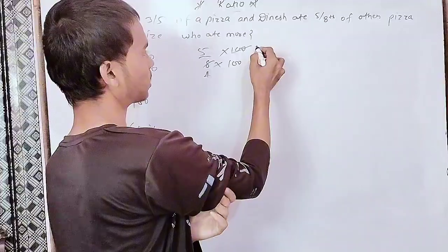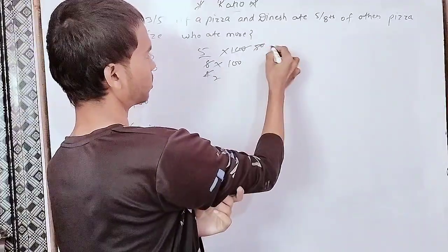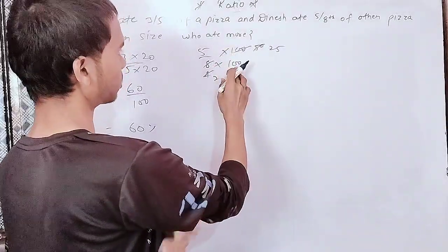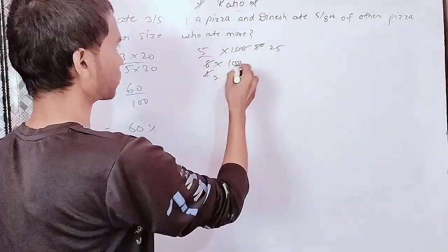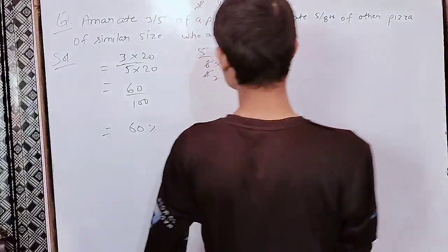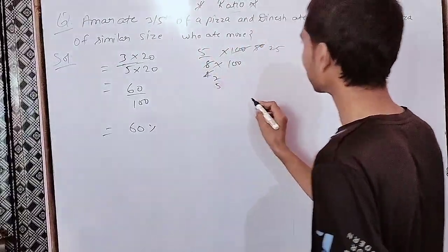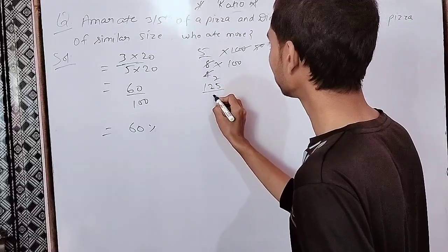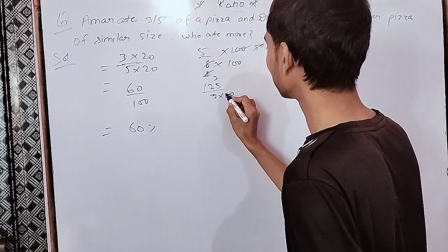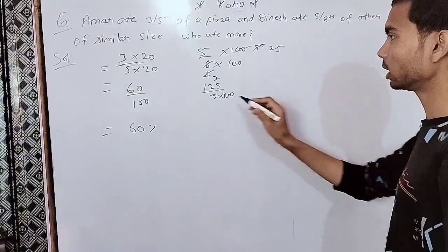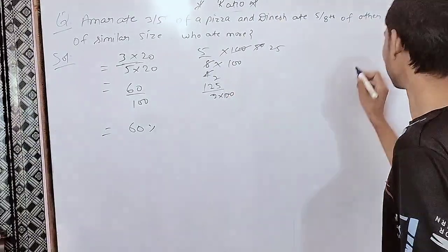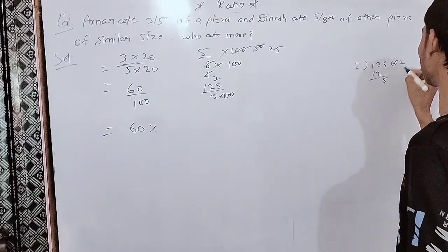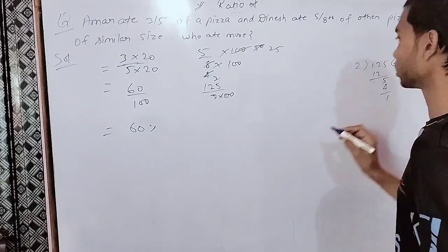Now, here 4 twos are 8 and 50 twos are 100. Now, this is 25. 5 fives are 25, and then 5 twos are 10 and 12 upon 2 multiplied by 100. Yes, it can cancel by 2. 2 sixes are 12, then 5 twos are 10.